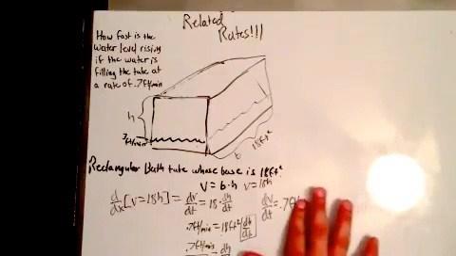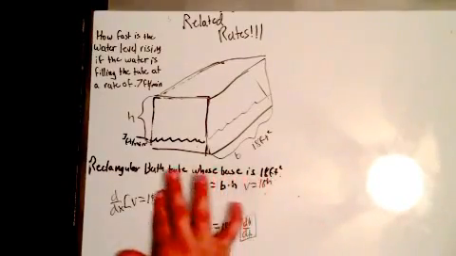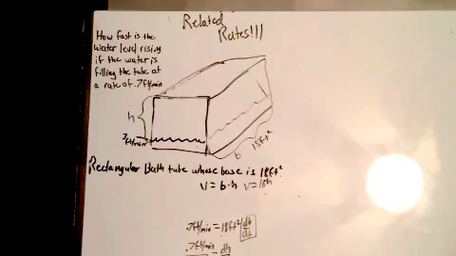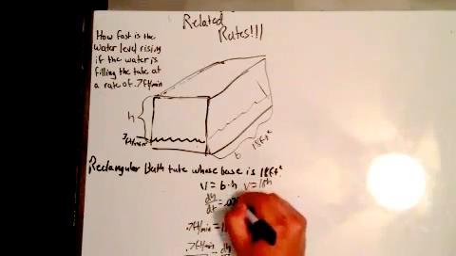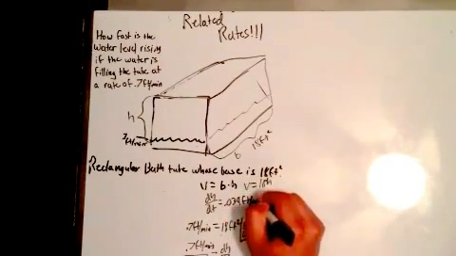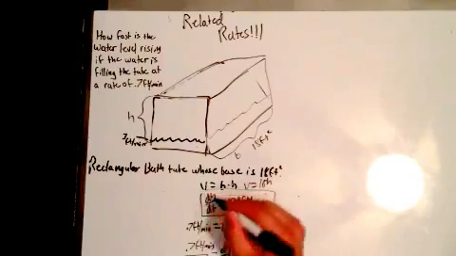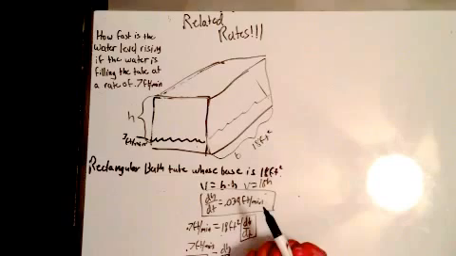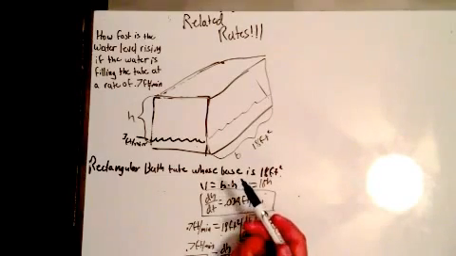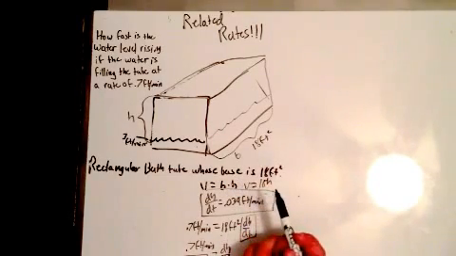Let's erase this up here. If you type that in your calculator, you will get 0.039. So dh/dt is equal to 0.039 feet per minute. So the water level is rising at 0.039 feet per minute. The height of this bathtub is changing at 0.039 feet per minute.